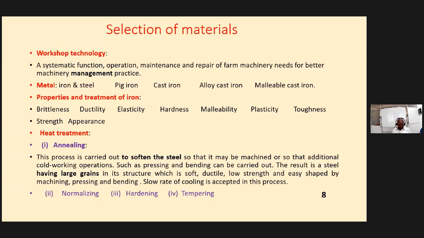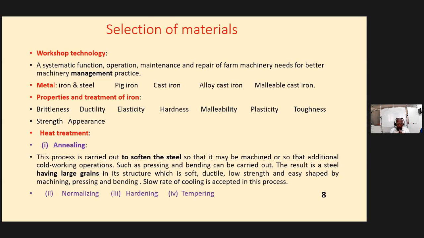What is annealing? In annealing, heat treatment is done at a particular controlled level, and as a result that material can be utilized for cold working and hot working. Hot working means, as you understand with the anvil, we utilize hot iron.